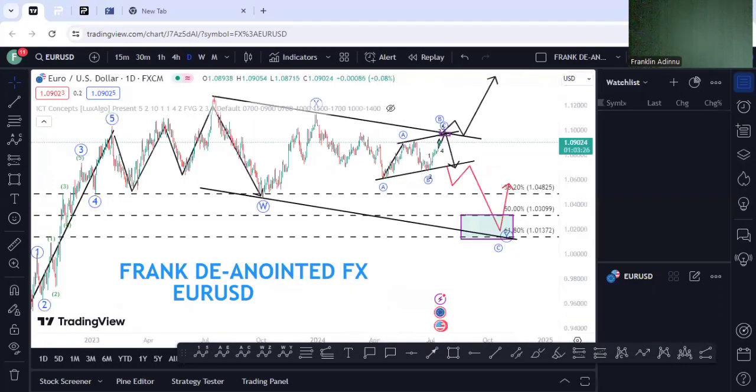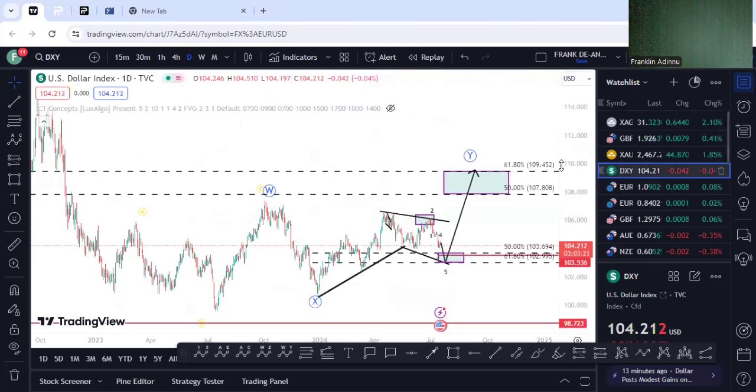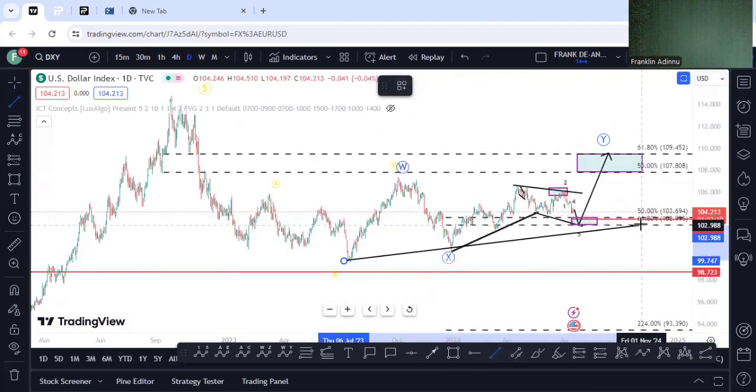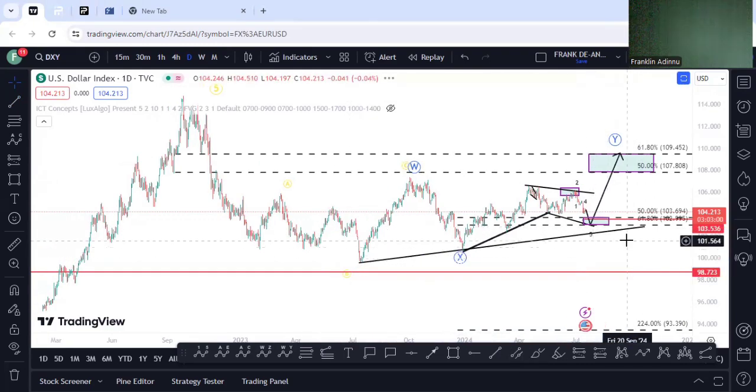Let's go to DSY. Looking at DSY, you will see something similar with Euro US dollar.